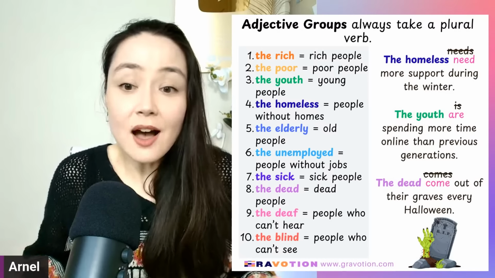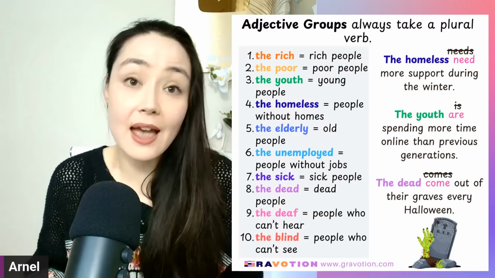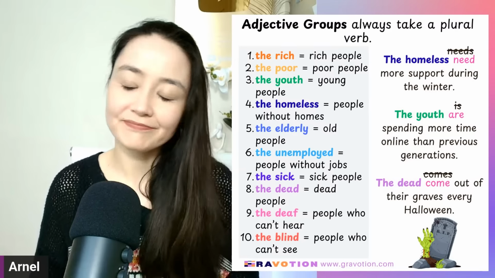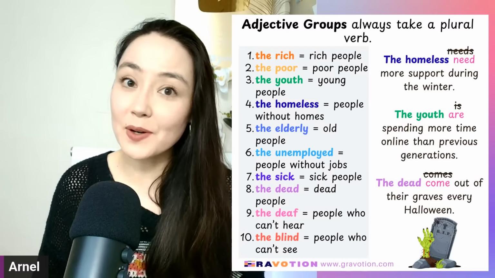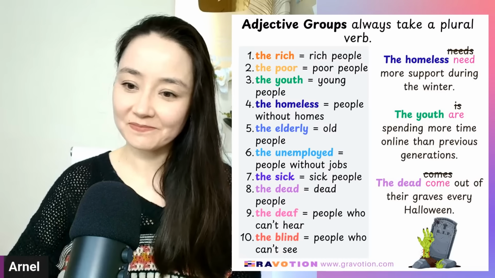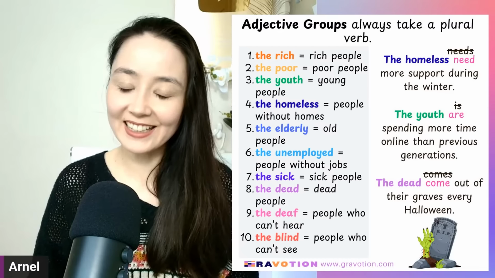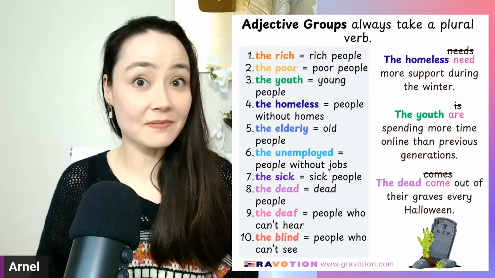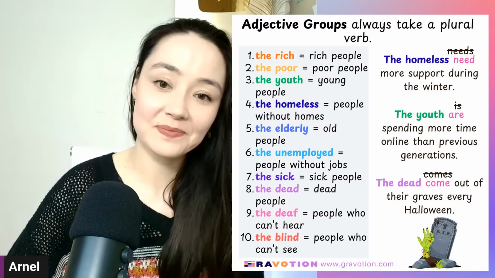The dead come out of their graves every Halloween. The dead comes? We need a plural verb. Okay, good. Let's keep moving. Next rule.